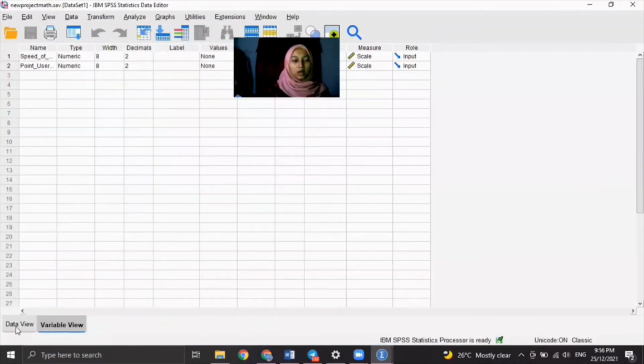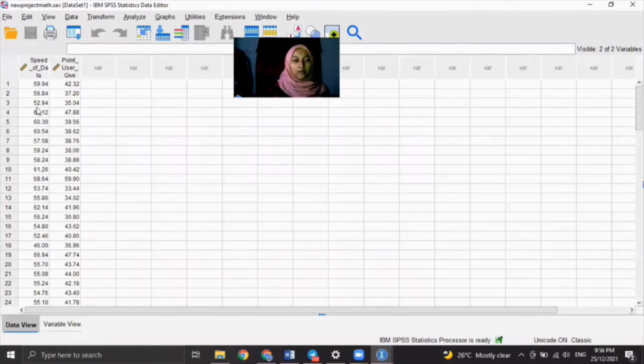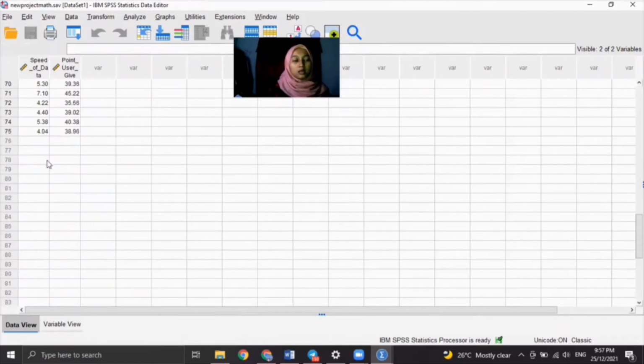First, I insert all the data from the table in the data view. It is divided into 2, which is the first one, speed of data, and then point user give. All the data is about 75 of them.